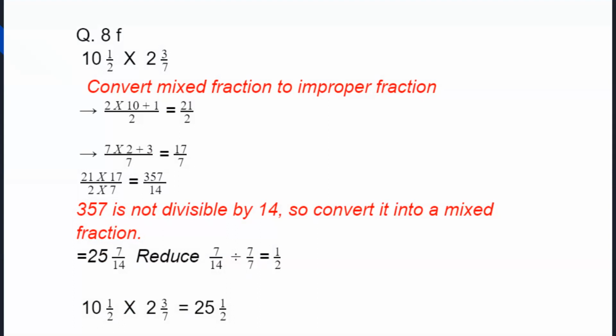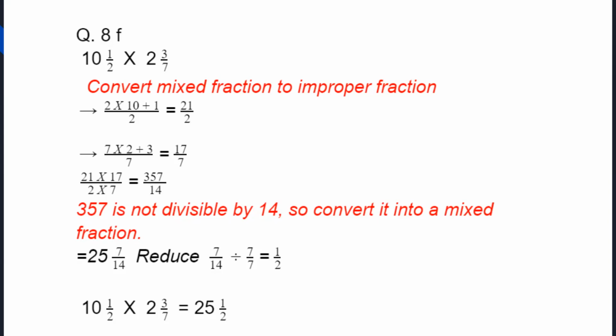Second fraction, 7 into 2 plus 3 upon 7 equals 17 upon 7. Now multiply both the numerators and both the denominators. 21 into 17 equals 357. 2 into 7 equals 14. Now our fraction is 357 upon 14.